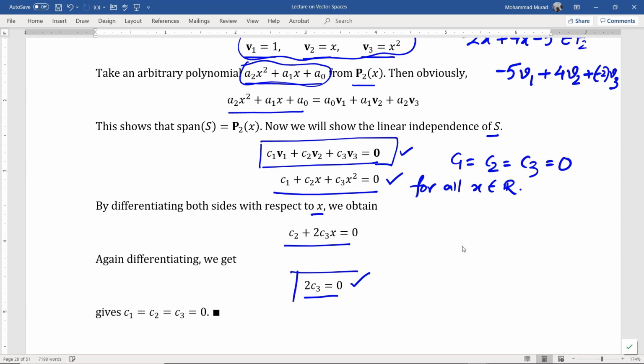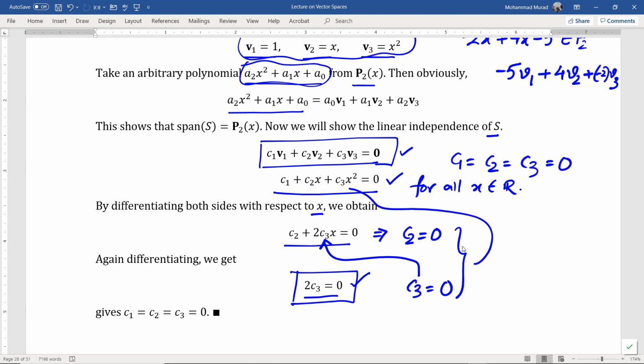So the last equation gives us c sub 3 equals 0. And if we substitute this value of c sub 3 into this equation, we get c sub 2 equals 0. And then if we substitute the values of c sub 2 and c sub 3 into this equation, we get c sub 1 equals 0.